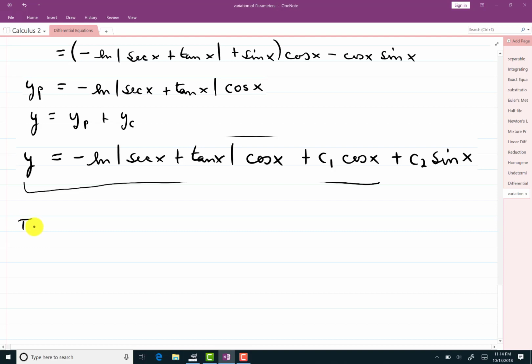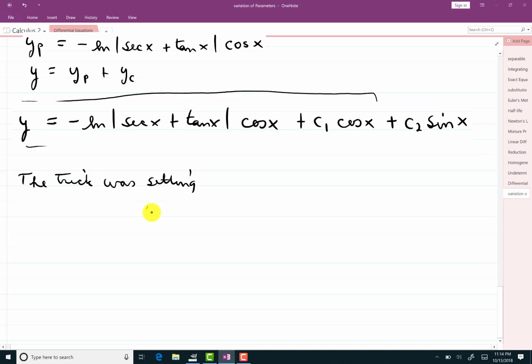So the trick was setting u1 prime cosine of x plus u2 prime sine of x equal to 0. That was the stuff that was inside of the derivative. And then this part, negative u1 prime sine of x plus u2 prime cosine of x, was equal to tangent of x. That was the trick that made it all work.